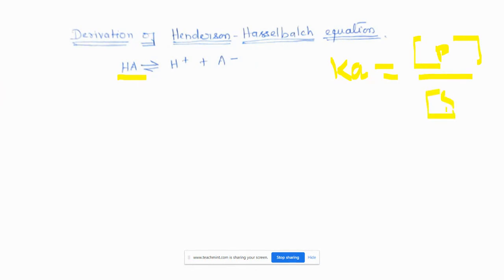If for any reaction you have to write Ka, the formula is the concentration of the product divided by the concentration of the substrate. So can you write Ka for this equation? Write it and tell me what answer you got.